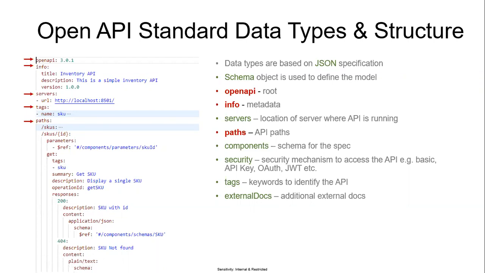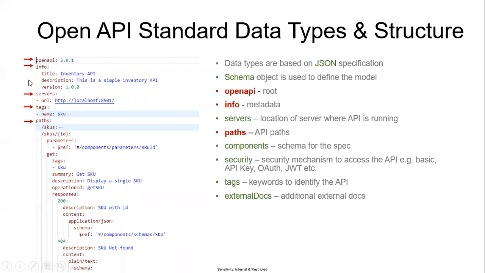HTML has a root tag html, and then there is a title, head, body, and inside that there are again some set of tags for creating a table or whatever other things you want to do. Similarly, here also you have a set of elements which describe what the API does. This is not to see the API, but more to understand what it does.